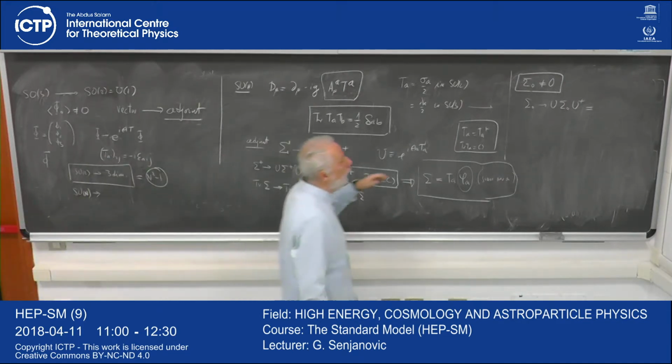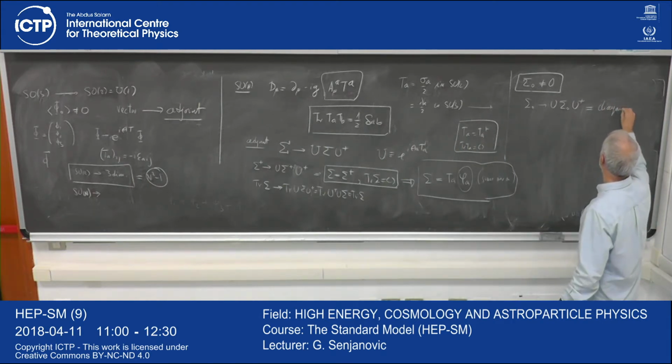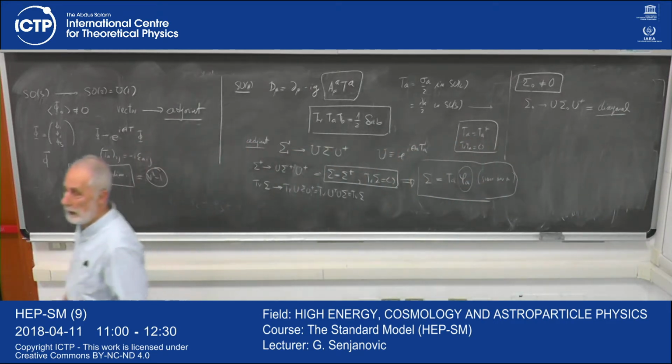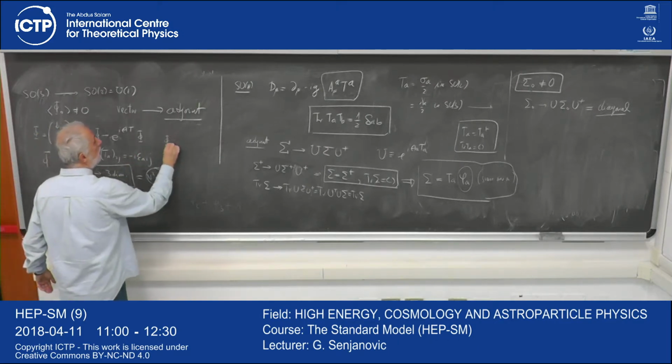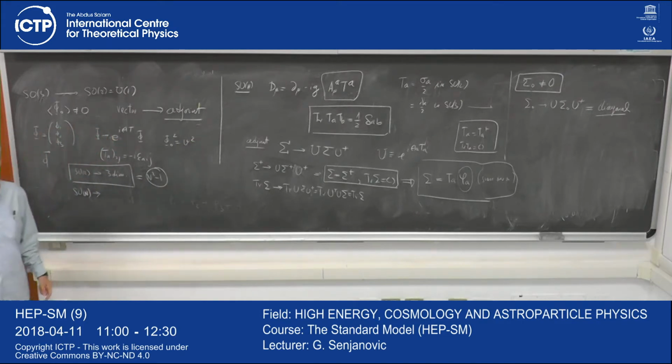I know that I can always go into the basis where this is diagonal. It's all about choosing variables. When I study the symmetry breaking of SO3, I can work with the general phi 0 here, which has phi 0 squared equal to v squared.